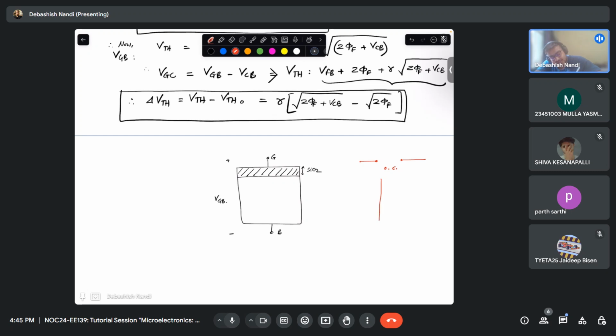What is the IV characteristic of an open circuit? Let's say, what is the current flowing through this? It is 0, right? So it will be this line. So voltage can be anything.